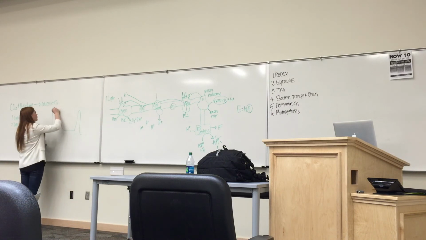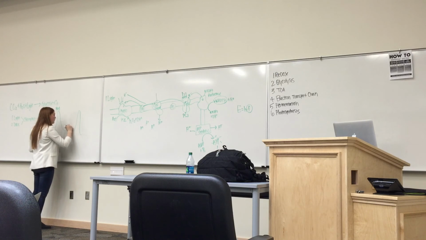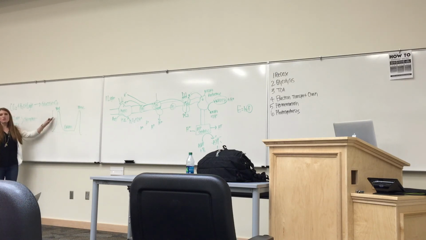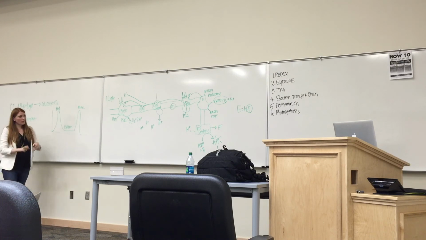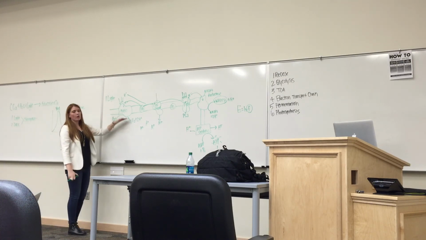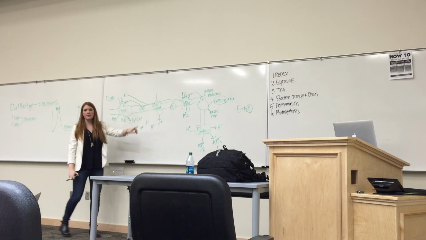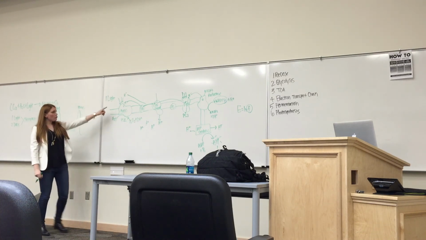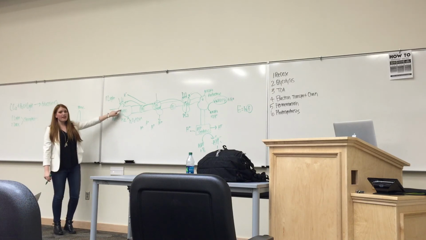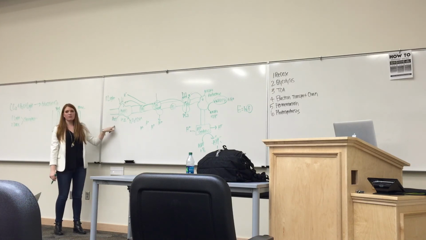Yeah, so let's talk about what's going on. Basically, red light absorbs really, really well. So all of this light will go into P680 to produce this electron, which then goes through the whole chain, right? And when we absorb this light and excite this electron, something has to replace it.